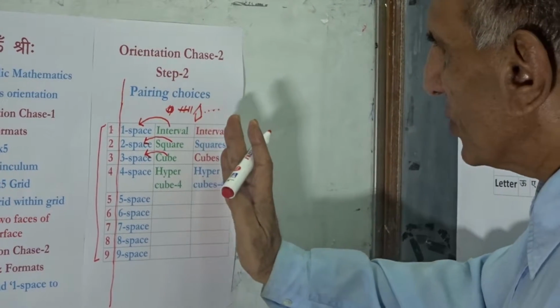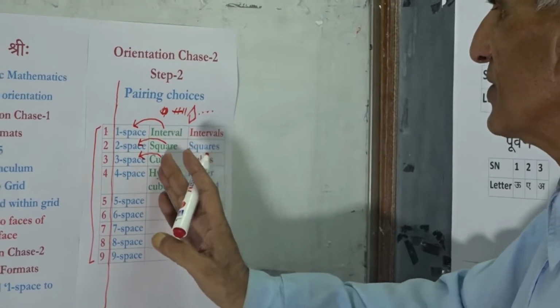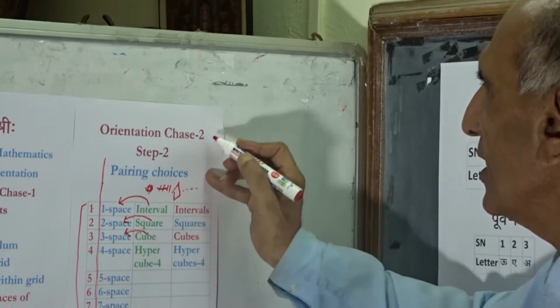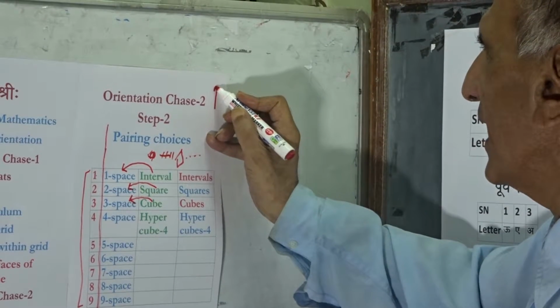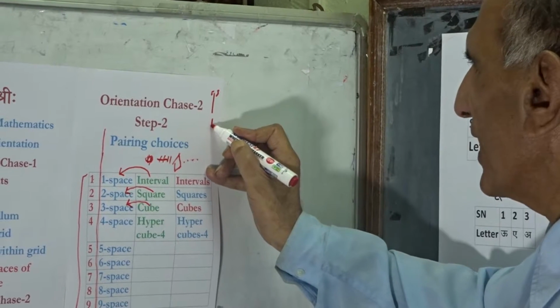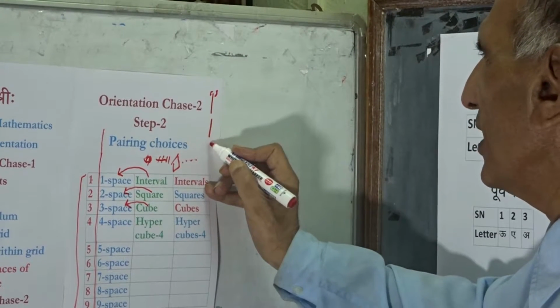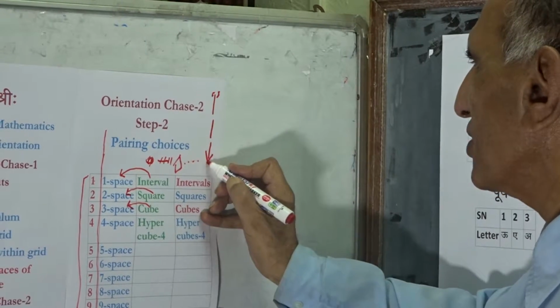When we try to classify them with the help of their geometric values, as we say interval, so we choose this symbol of a vertical line for value 1, and this also we use for a line as a one space body, as we feel that here the flow is of a single direction.